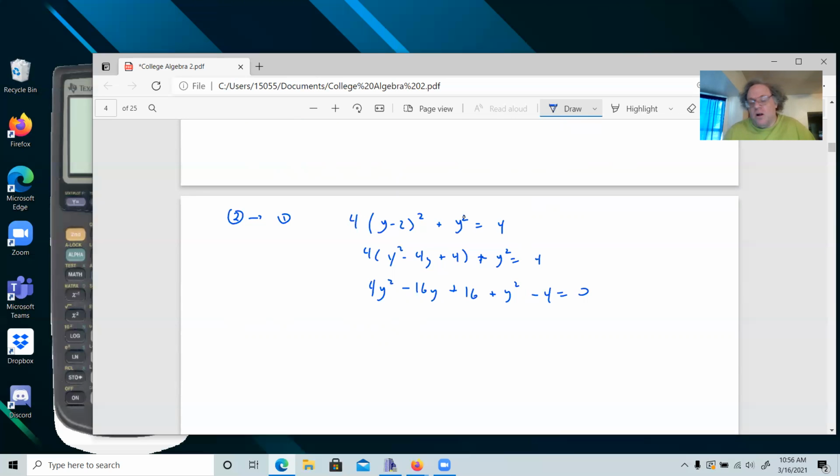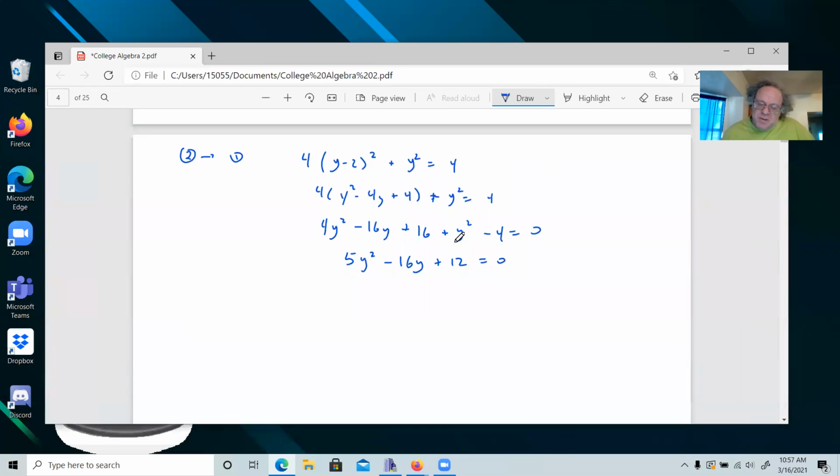All I'm doing is pushing everything on one side to get 5y squared minus 16y plus 12 is equal to 0. Now, normally at this point, I would ask, if only there was some formula to solve this quadratic. But I got this out of a textbook, so I just want to see if maybe it factors.